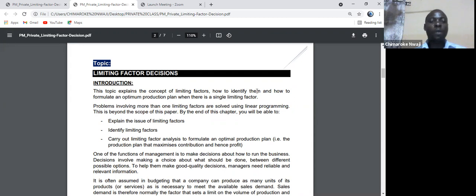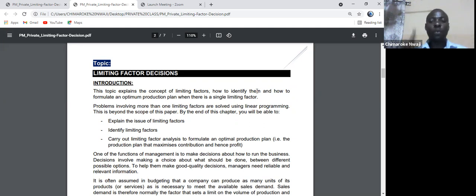So when you are solving a problem for the organization, and let's say you want to meet the demand of your organization, the organization is giving you a target that they want to make sales to the tune of 10 million naira in a month. Let's assume that.